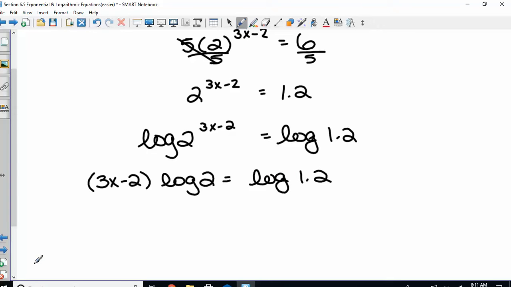Okay, we have a couple options for where to go from here. We're trying to solve for x. So we need to either distribute that log 2 or divide it over. Which one do you want to do? Divide it?